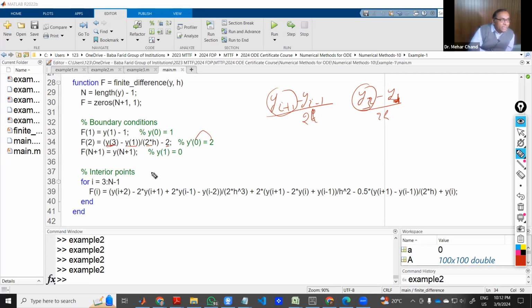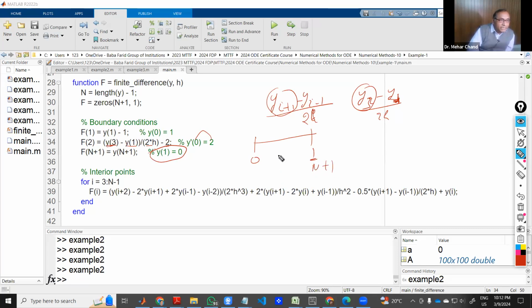In the same way, when we have the last value, the interval we have is from 0 to 1. So this is the last value, and say it is n plus 1.